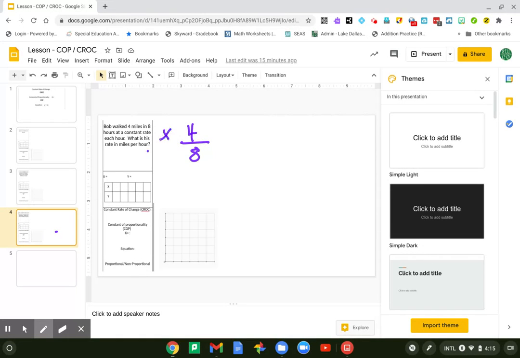So this is my x, this is my y. If I'm 8 hours out, I go 4 miles. If I am 16 hours, I go 8 miles.